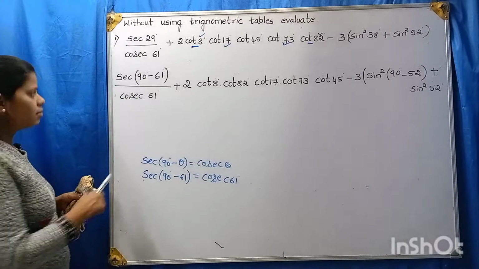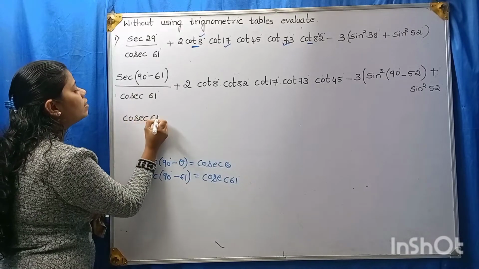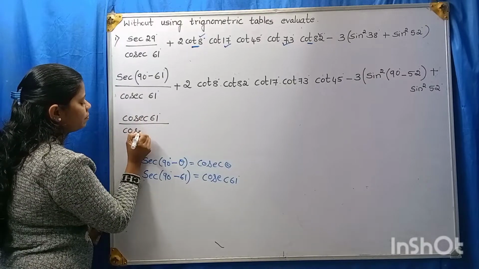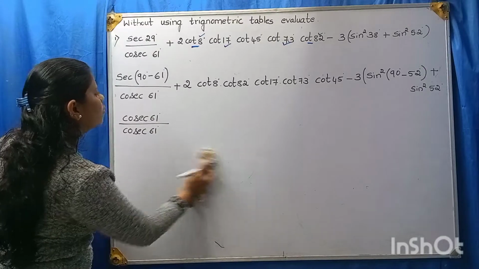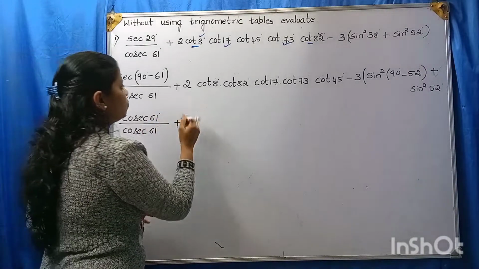This one I will write as cosecant 61 degree divided by cosecant 61 degree, plus 2.